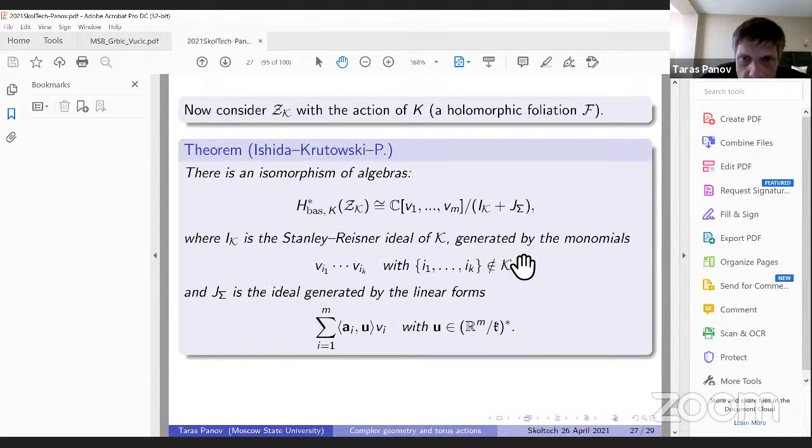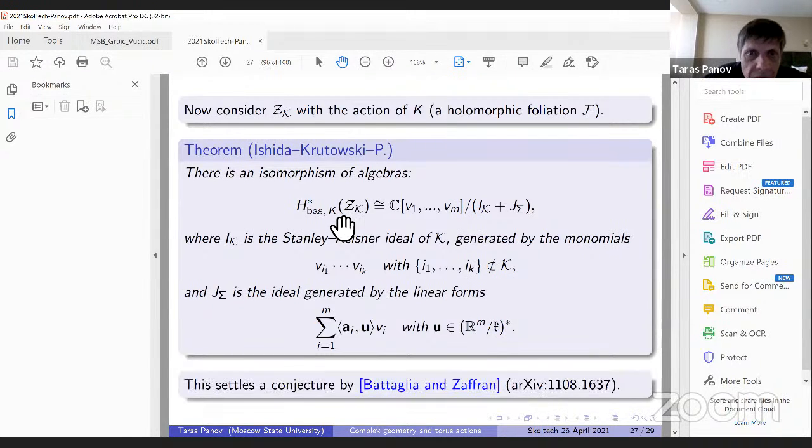So the basic cohomology has the same structure as the ordinary cohomology of the toric variety, with the quotient by the two ideals. It's the same, but now it's just the basic cohomology instead of the cohomology of the toric variety. Yeah, it settles some conjecture.